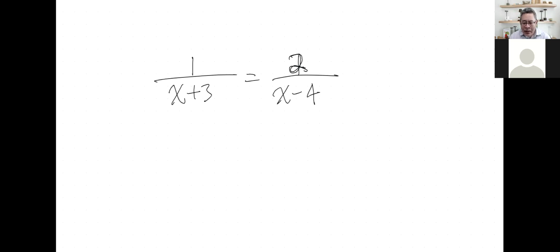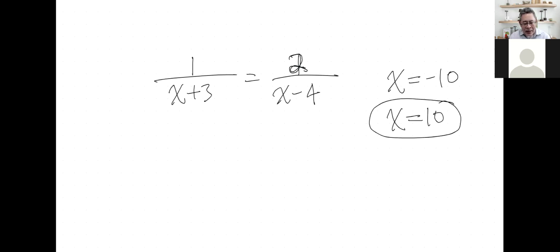Okay, so you think x is negative 10? No, maybe just x is 10. X is 10. Well, have you checked? No. Oh, you need to check it. Go check it and see what you got. See if they are equal.